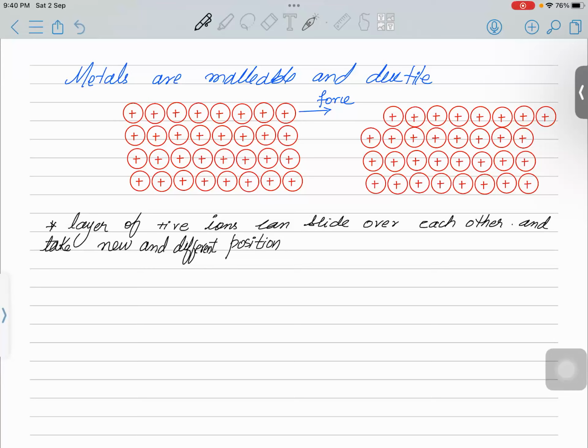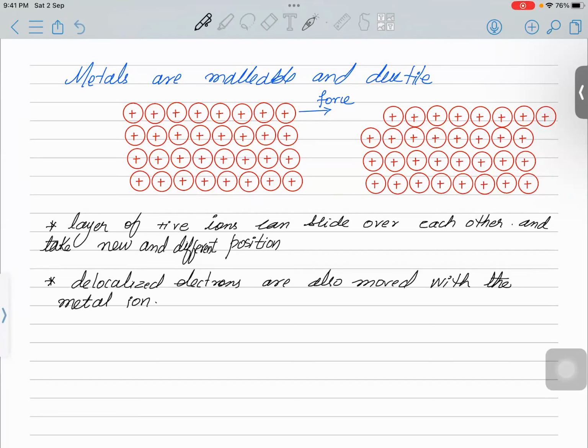And what about the delocalized electrons? Delocalized electrons also move with the metal ions. So metallic bonding is not disturbed.